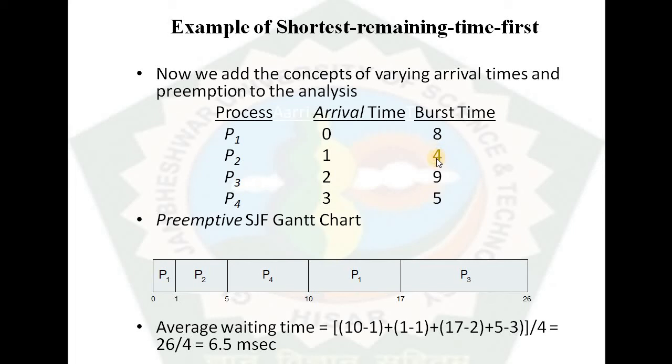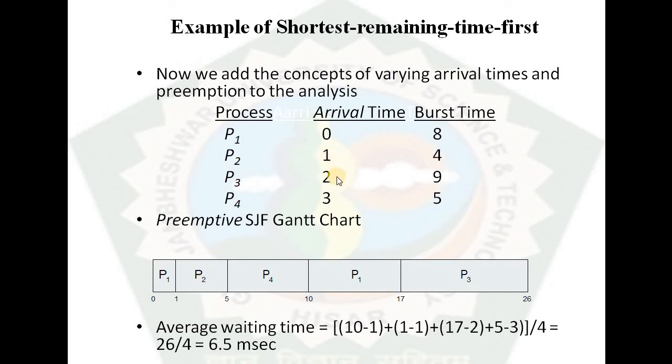We have to preempt the CPU from P1, and we have to allot the CPU to P2 because P2 has a smaller CPU burst time than P1. So P2 is allocated the CPU.